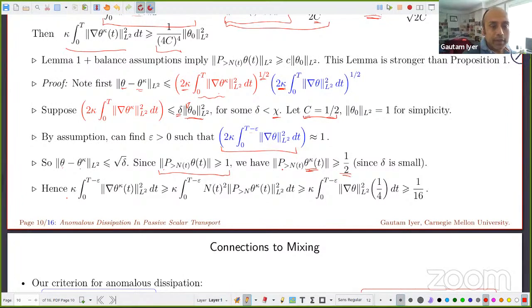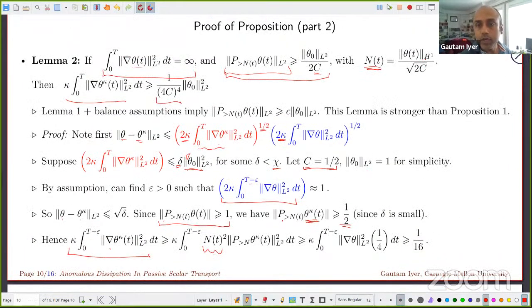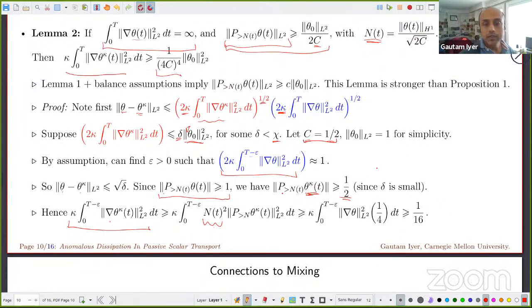So what does that mean? If I look at kappa times the integral in time of the norm of gradient theta kappa in L2 square, that's my anomalous dissipation quantity. This is bounded below. I can take the H1 norm and replace it by big N times the L2 norm, which is what I'm doing over here. What is big N? Let me remind myself. Big N was the H1 norm of the inviscid scalar, so plug that in over here.